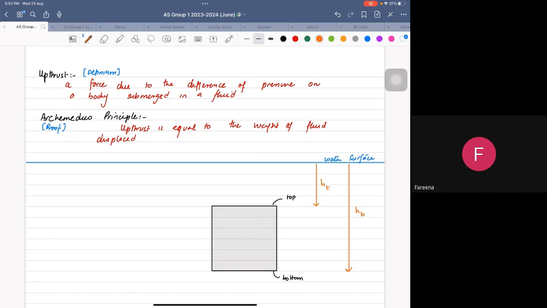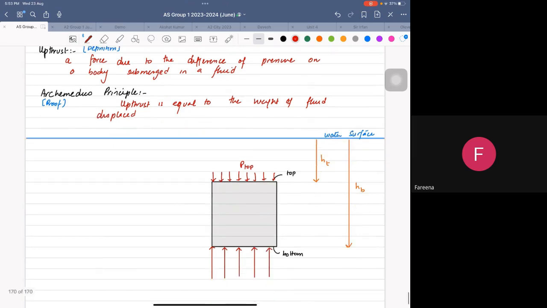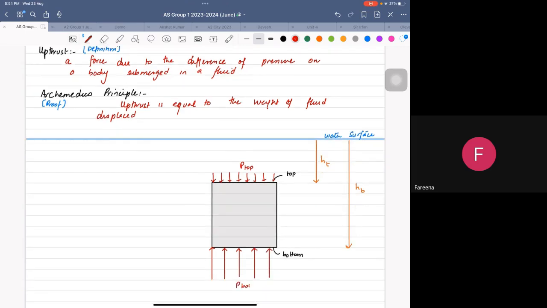So if the top pressure is this much, then the pressure at the bottom would be much higher, and it will act upwards, because pressure basically acts from all sides. So we can say this is the pressure at the bottom.